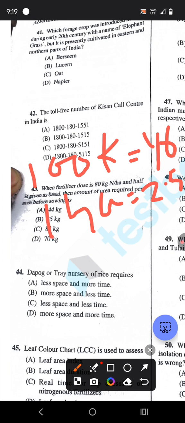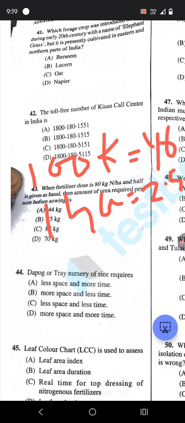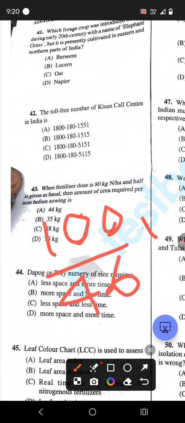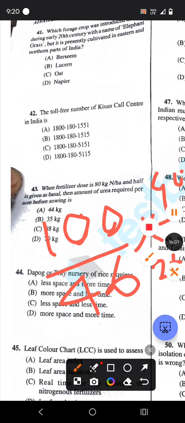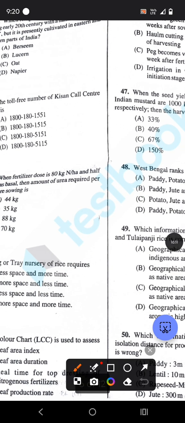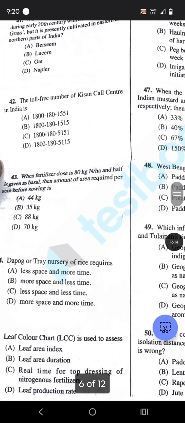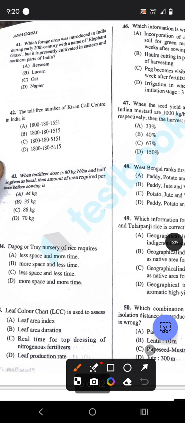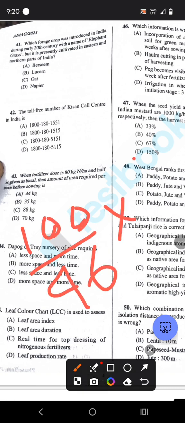So we apply this data: 100 divided by 46, into 40 divided by 2.5.